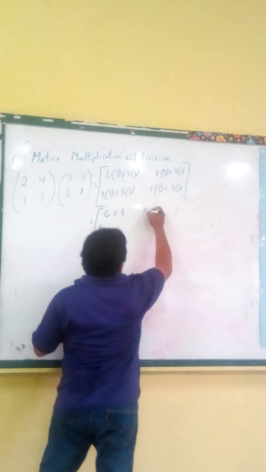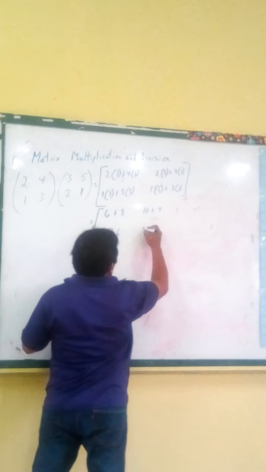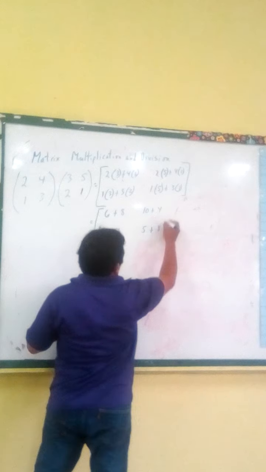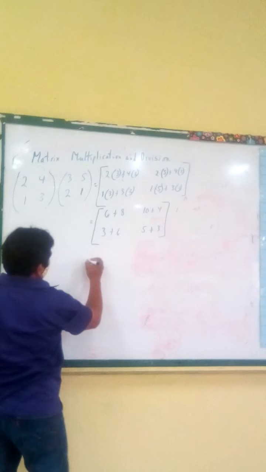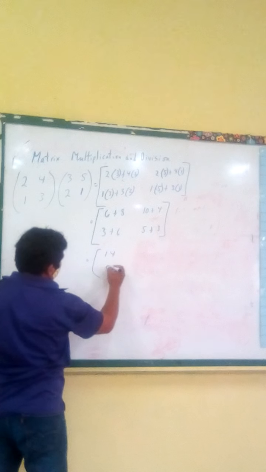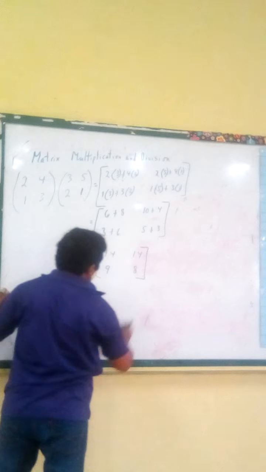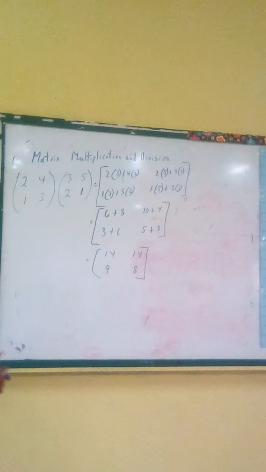Then 2 times 5 is 10, 4 times 1 is 4, 1 times 5 is 5, and 3 times 1 is 3. So that gives us the other step, which is then the summation: 14, 9, 14, 8. So that's our result once we multiply these two matrices.